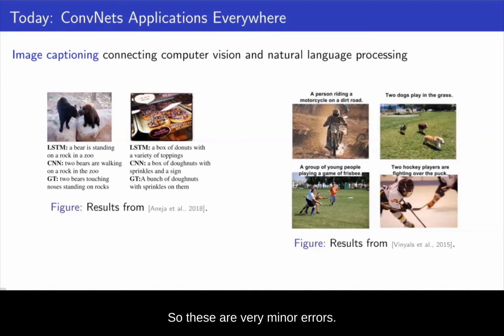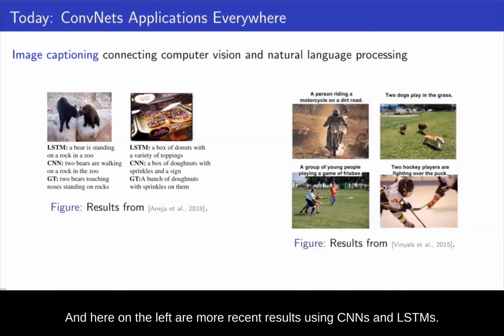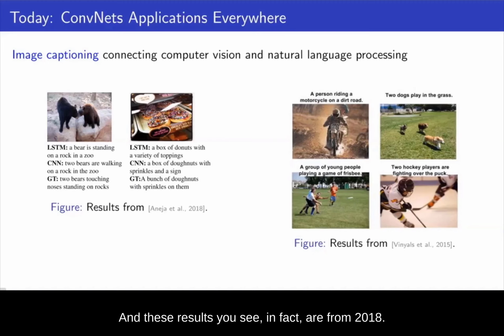So these are very minor errors. And here on the left are more recent results using CNNs and LSTMs. These results you see, in fact, are from 2018. And actually, this is quite a long ago in the deep learning world. So now these networks have significantly advanced.